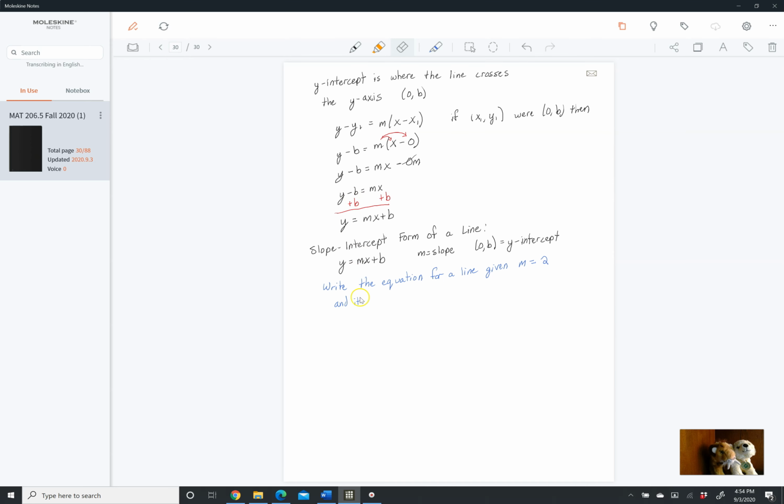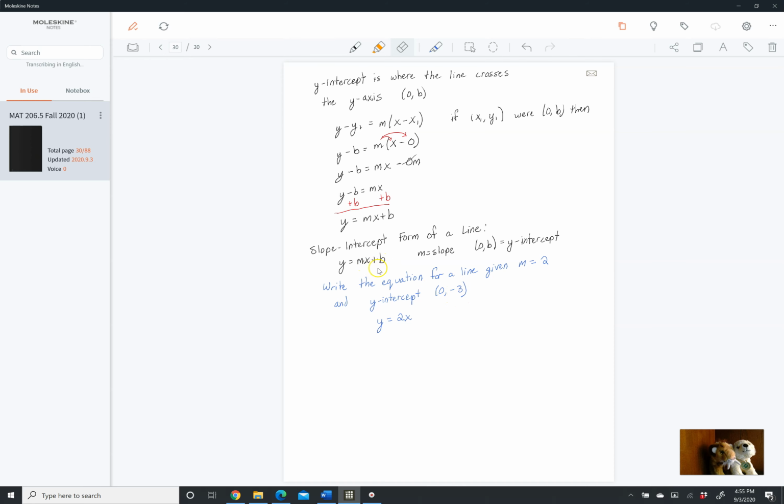And y-intercept (0, -3). Okay. So it's y equals mx. So our m is 2. And then our y-intercept, the b value, is just the y value.